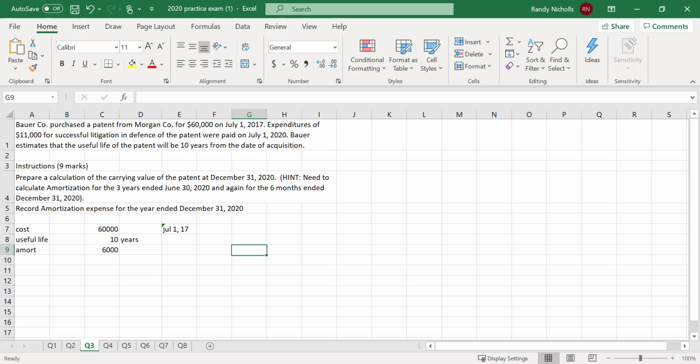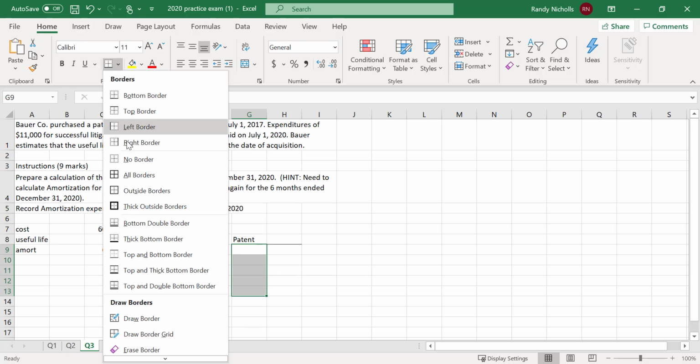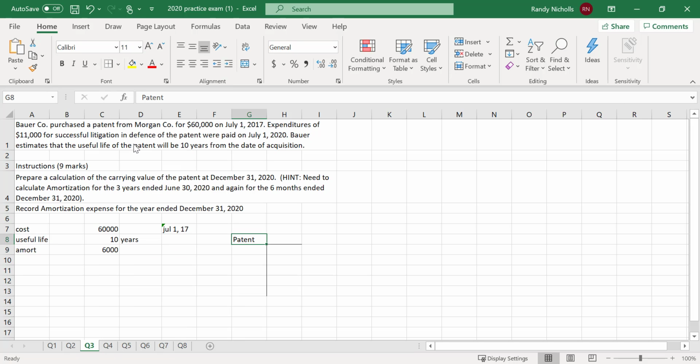So if I'm looking at my carrying value, what do we want to do? Want to do T account? Sure. This probably isn't, well, it's definitely not the quickest way to do it, but so I started with 60,000.